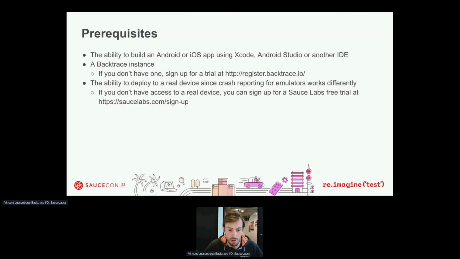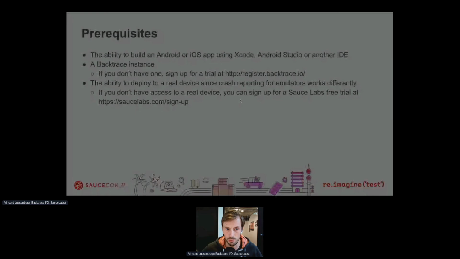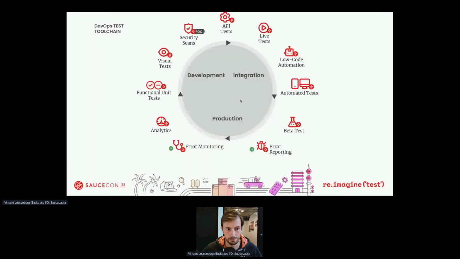If you don't have your app, I have a link to an example app that you can check out in a little bit. Have your Xcode or Android Studio ready to go. Make sure that you're logged into your Backtrace instance, and make sure that you have a real device. So these were parts of the workshop prerequisites. Let's keep going here.